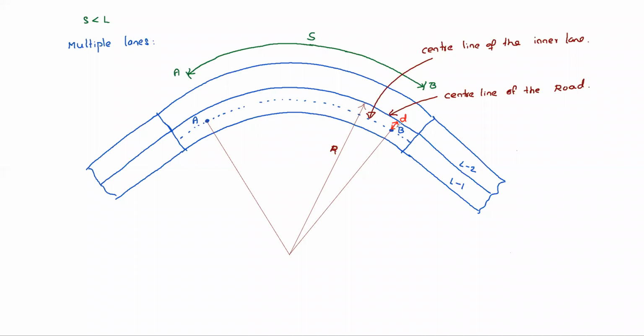D is the difference between the center line of the road and the center line of the inner lane. Then let us assume it is R dash. R dash equal to R minus D. Okay, R dash we have defined as R minus D.